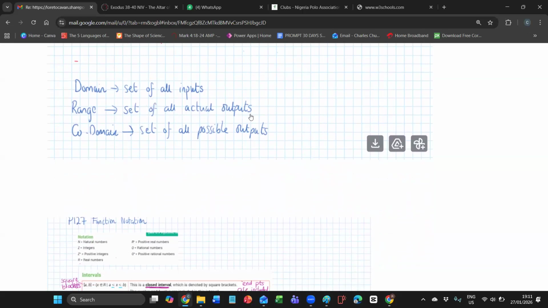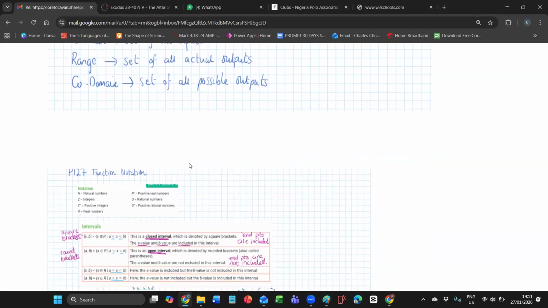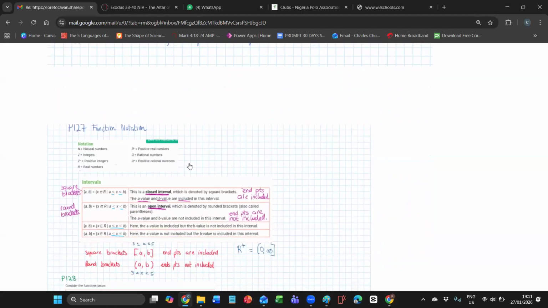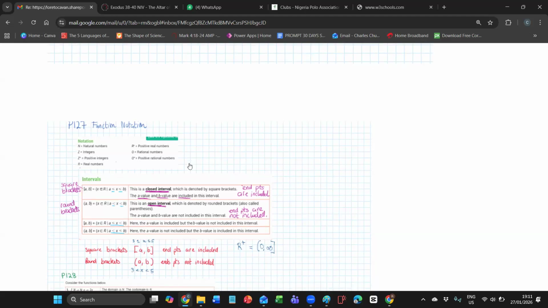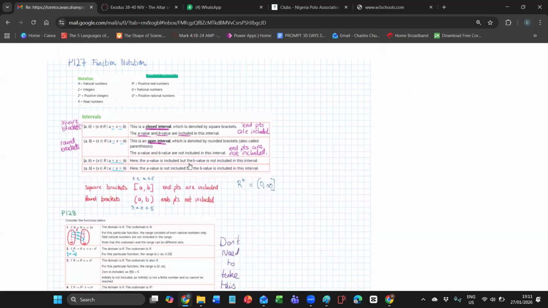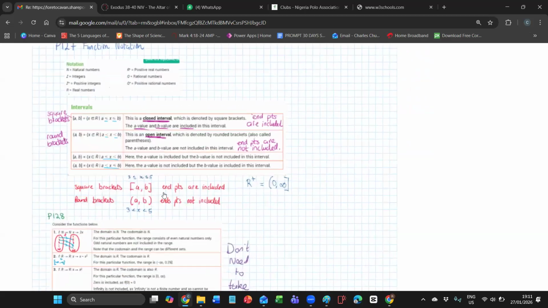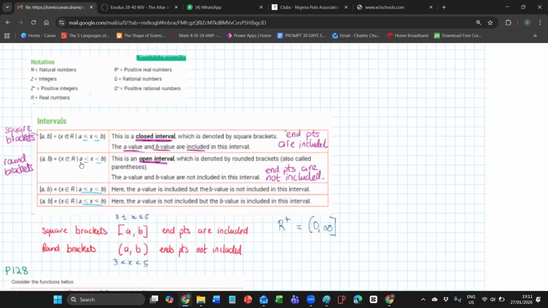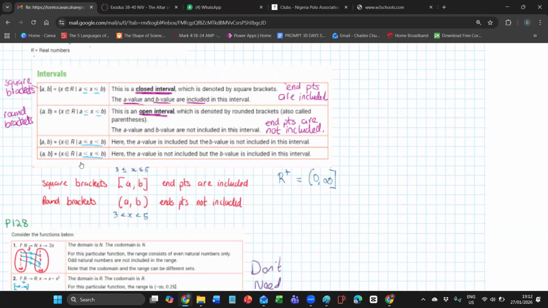The range is the set of all actual outputs, and the codomain is the set of all possible outputs, which means that it is way larger than the range. I think this is just helping us to understand some other concepts of functions.